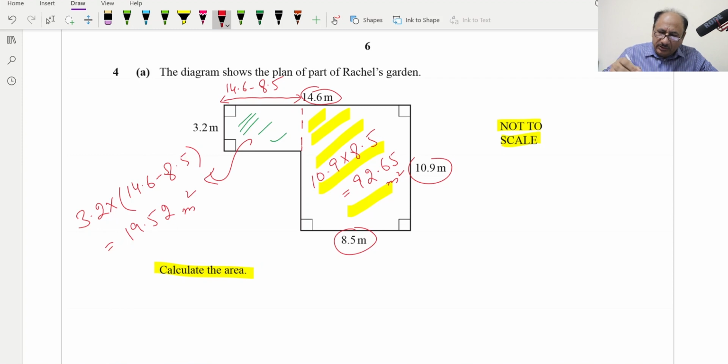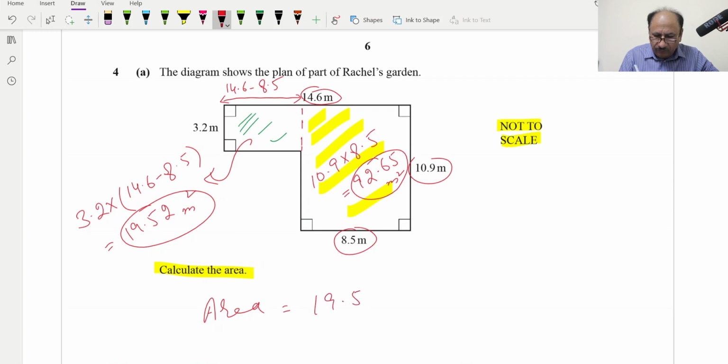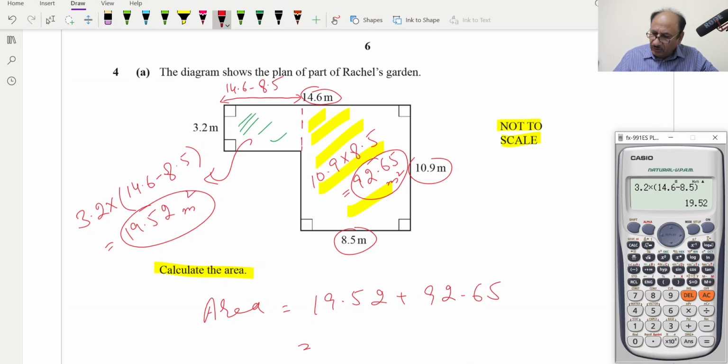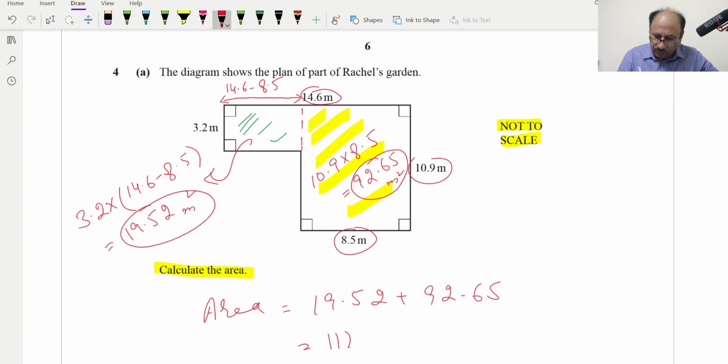So we got two areas. One is this one and the second is this one, and we have to find the total area of the diagram. So area will be equal to 19.52 plus 92.65, which is equal to 112.17 meters square.